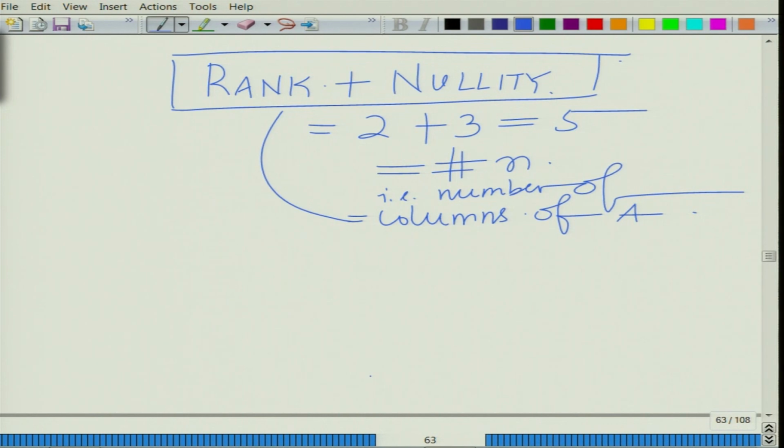This is your famous rank theorem, or the rank nullity property. The rank nullity property is very interesting. The dimension of the rank plus the dimension of the null space must equal the number of columns of the matrix A. Okay.